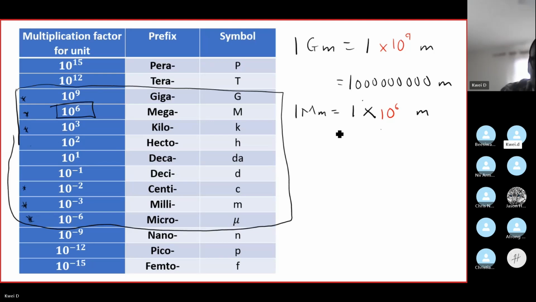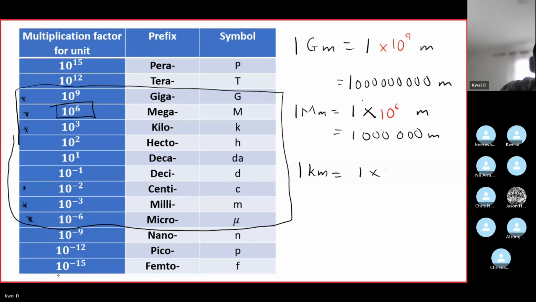Likewise, when we say 1 kilometer, that means 1 times 10 raised to the power 3. That's 1,000 meters, so 3 zeros. That's why we say 1 kilometer is equal to 1,000 meters.